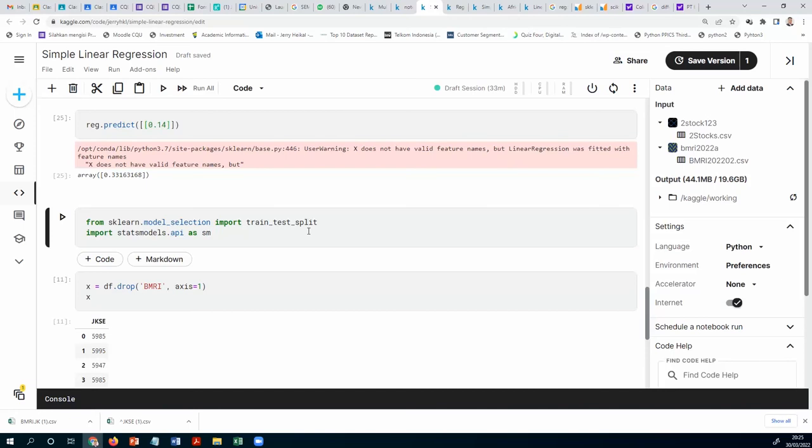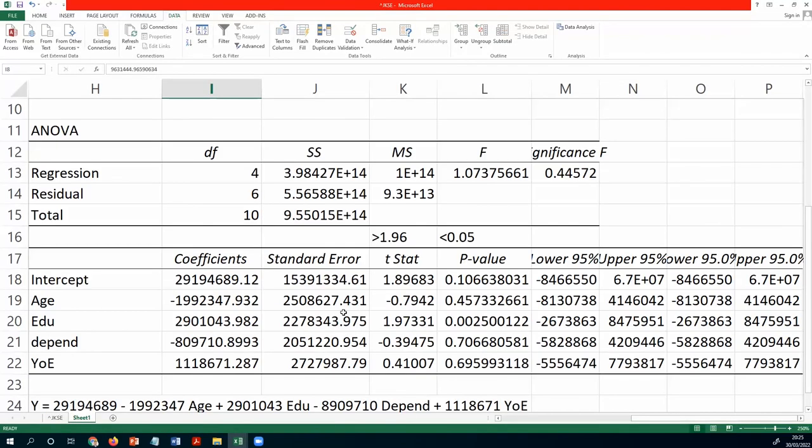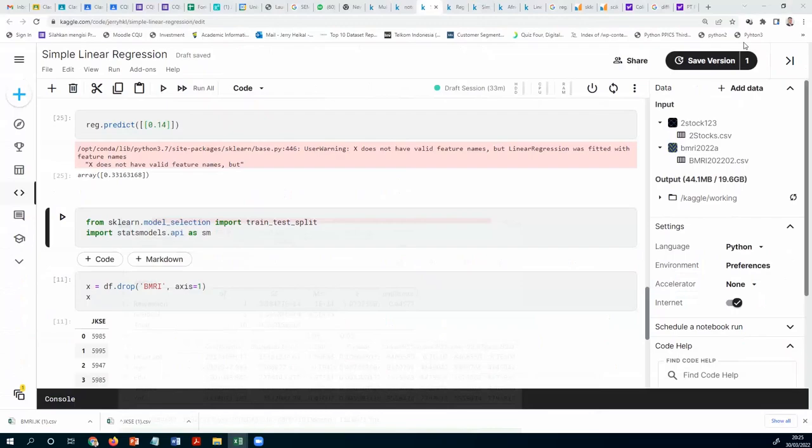Train data can be whatever you want, 40%, 30%, 25%, 80%. And we import statsmodels. This is to develop the result like what we did in the Excel. So Python can also generate this result using the statsmodels.api. We import it as SM, statistical model.